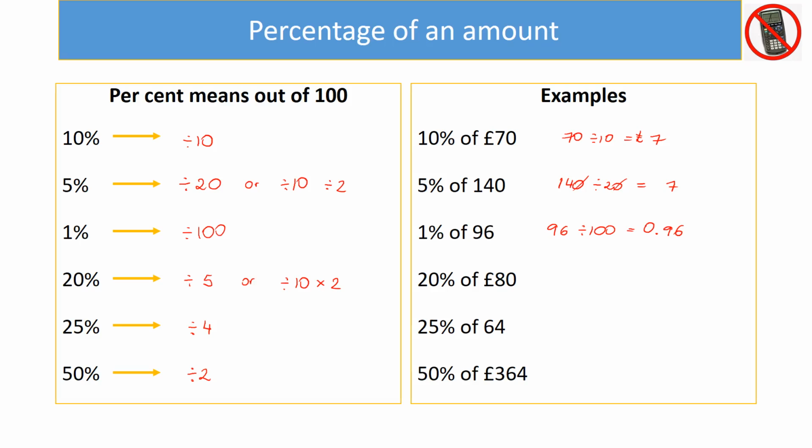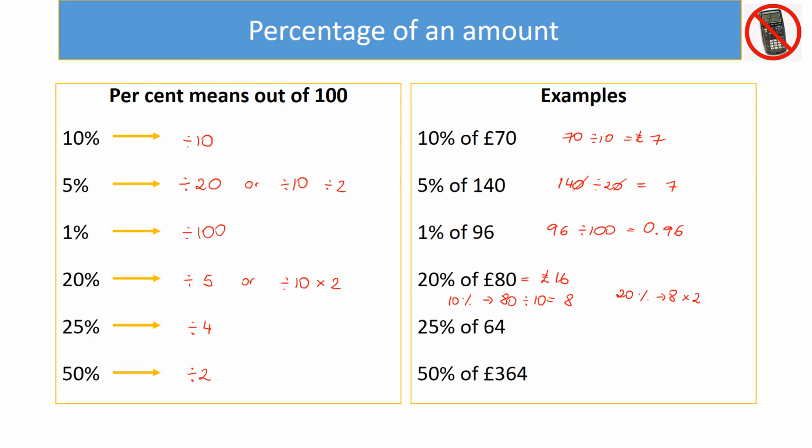Okay, so to find 10%, you know that we'll have to divide it by 10. So 80 divided by 10 is 8. Okay, now because I have 20%, that's twice as much, so I need to then times 8 by 2, which is 16. Okay, so the answer is 16. And if you can divide 80 by 5 easily, you also get 16. But it might be sometimes easier to do it in 2 steps.